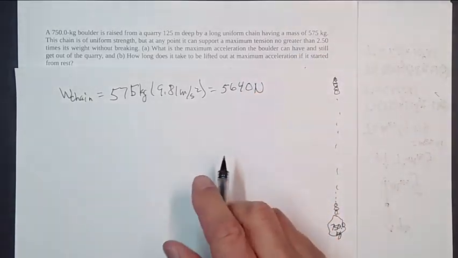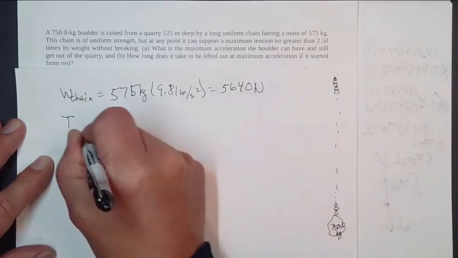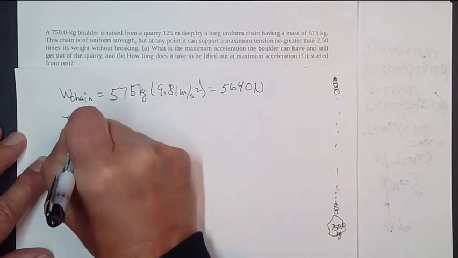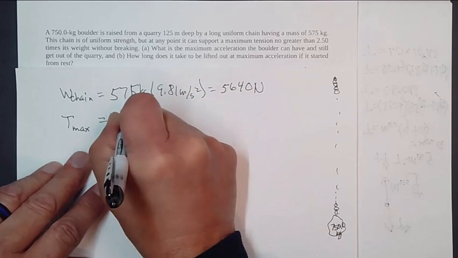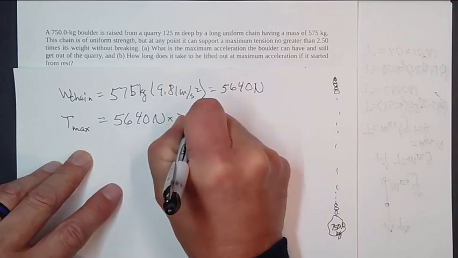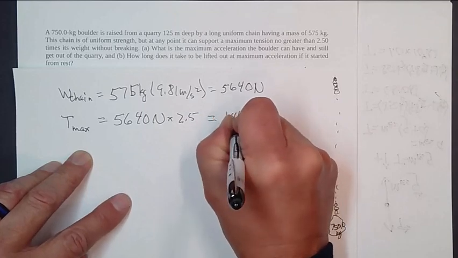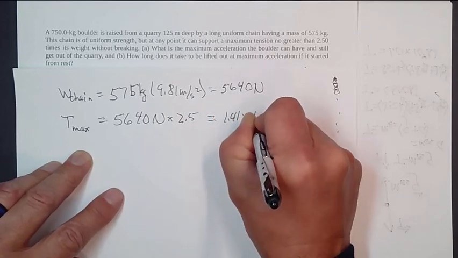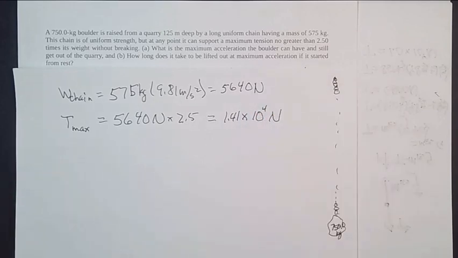So that's the weight of the chain. The maximum tension in the chain is 2.5 times that much. So T max is going to equal 5,640 newtons times 2.5. And I actually get 1.41 times 10 to the 4th newtons for that. So 14,100 newtons approximately, to 3 significant figures.